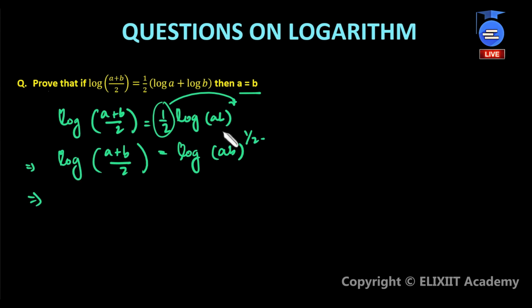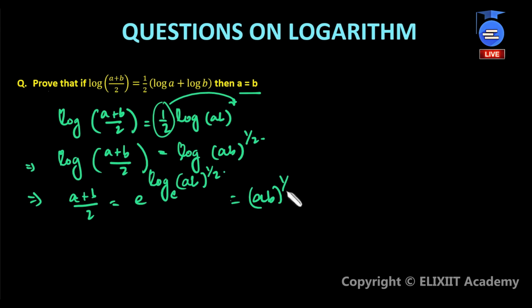Now can we cancel out log from both sides, and write this as a plus b by 2? Nothing is mentioned, so the base is e. Can we write this as e to the power log ab whole to the power 1 by 2? E to the power log ab base e is ab, raised to the power 1 by 2.